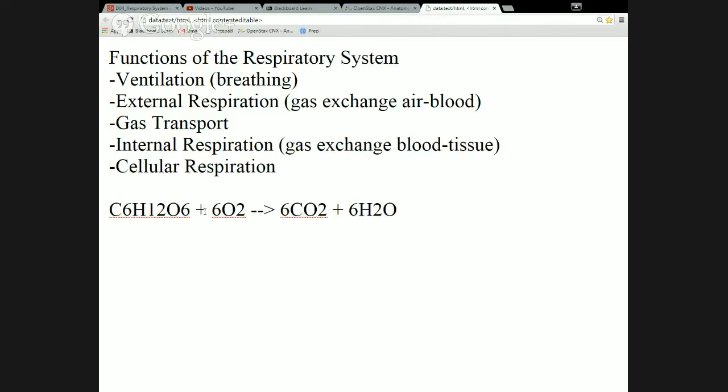And then the 6 before oxygen and before carbon dioxide and before water is just that for a single molecule of glucose, which is what C6H12O6 represents here, we would need 6 oxygens, and we would generate 6 carbon dioxides and 6 water molecules. That just balances all of the atoms on either side of this equation.